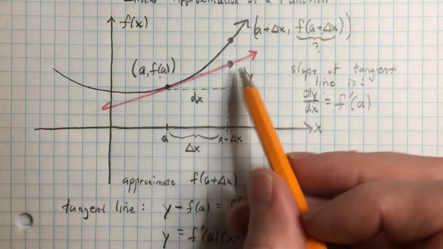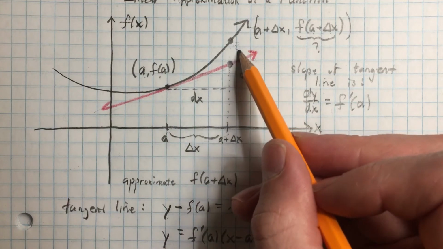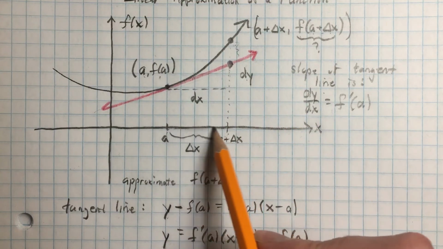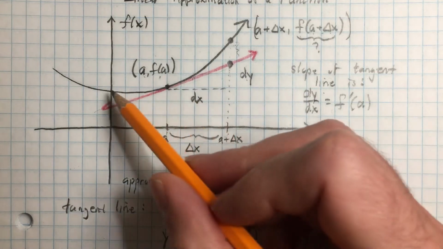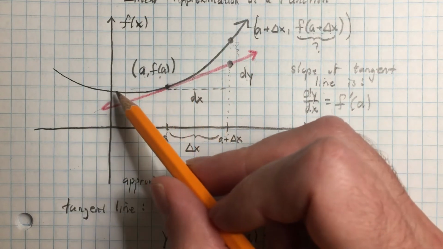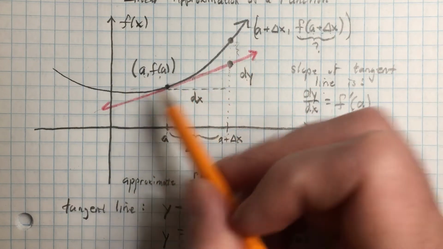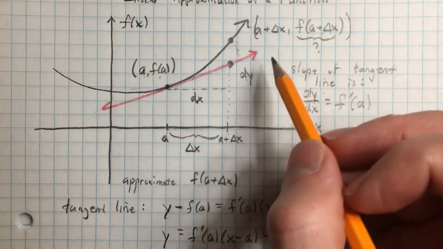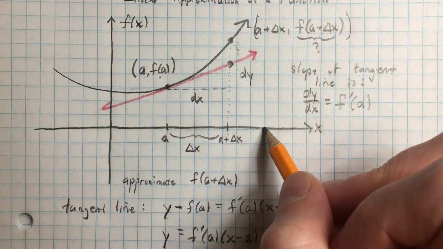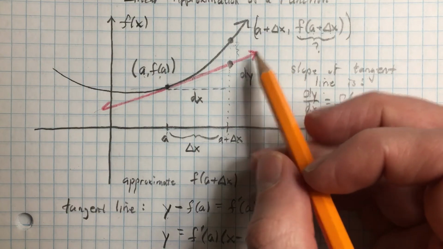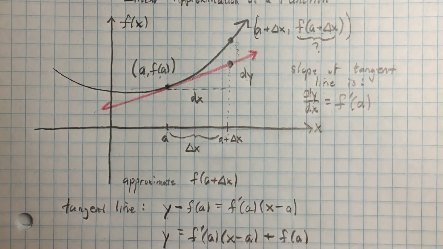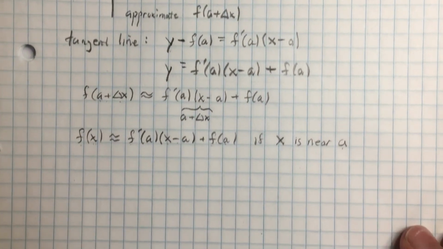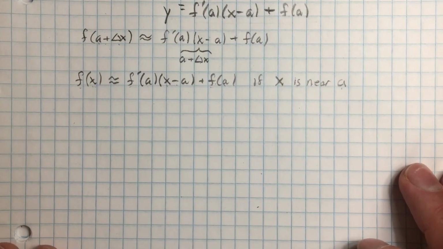Again, my picture was exaggerated. In reality, these are extremely close to each other. But the further away you move, and also depending upon the concavity, how steep the curve changes right here, will determine how far away the tangent line is from the curve at the point you pick. And so the discrepancy will be even worse the further away you move. So that's why this approximation is only good when x is near a.